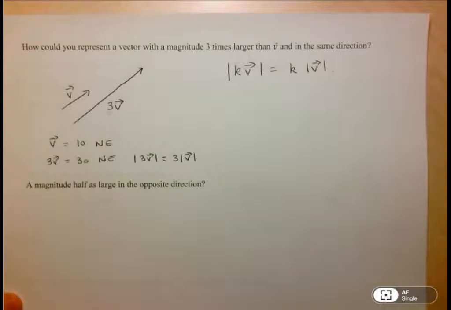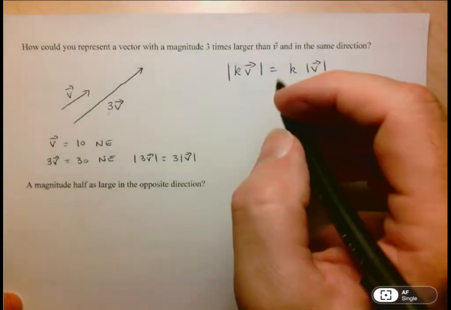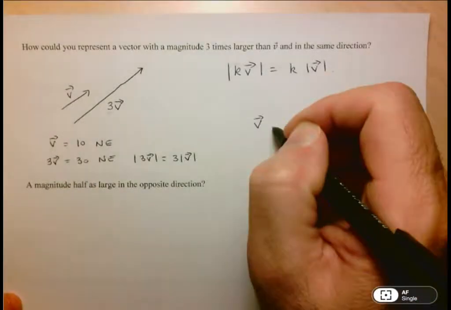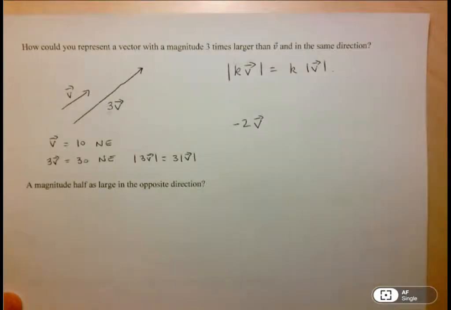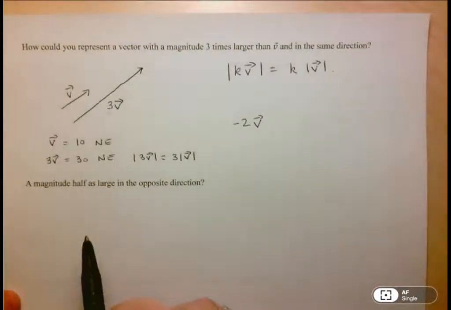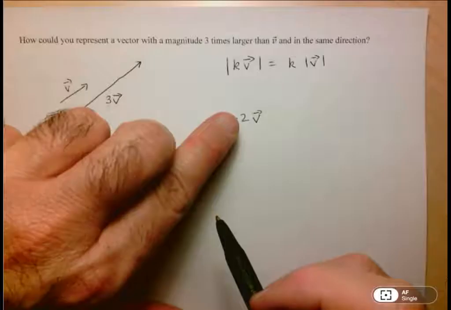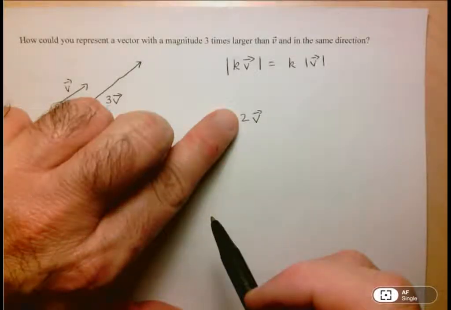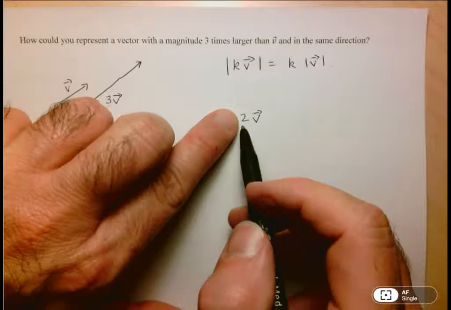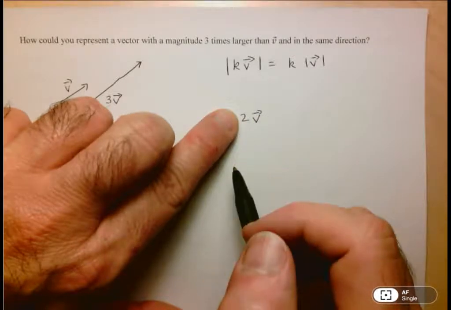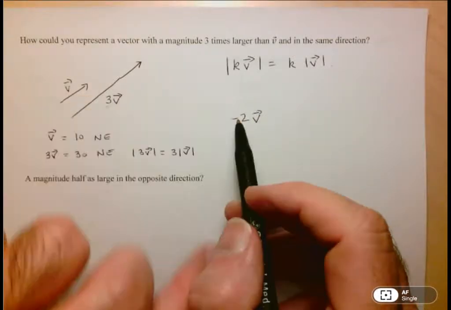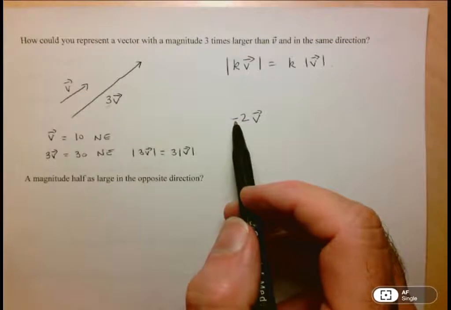Well, what if I multiply the vector v by -2? Let's see if we can make some sense out of that. Multiplying it by 2 just means that I'm keeping the same direction and making the magnitude twice as large. But let's remember what that negative symbol represented earlier on.